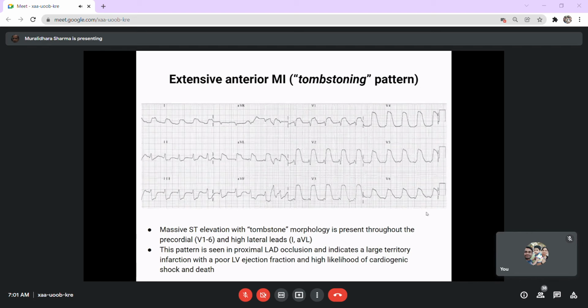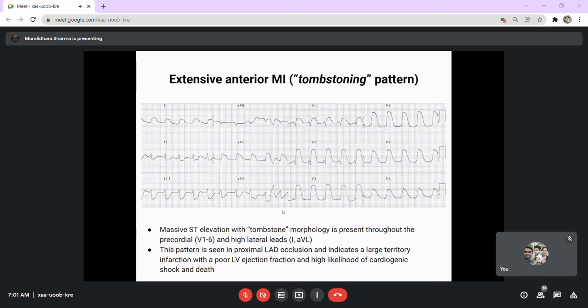It's also called tombstoning, an extensive anterior MI, where the changes are very significant, but still the conducting system is saved. Most of the time, by the time the patient has an extensive anterior MI, some conduction system would be affected, and hence there is a possibility of either fibrillation or cardiac arrest.